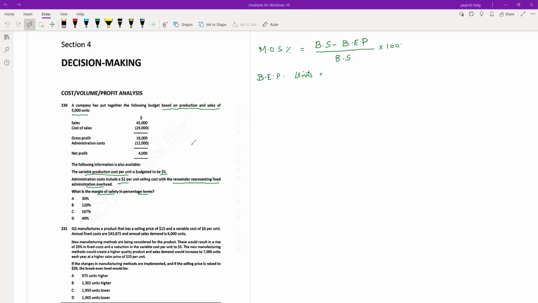So first of all, we will exclude $5, which is variable production cost. So total variable production cost is $5 into 5,000 units, $25,000. And we have total fixed production cost equal to 29,000 minus 25,000, 4,000.